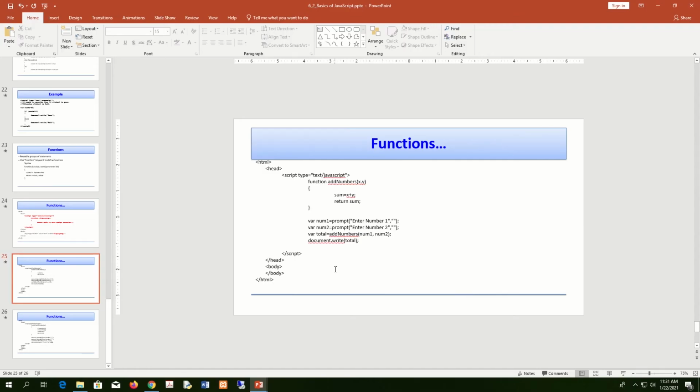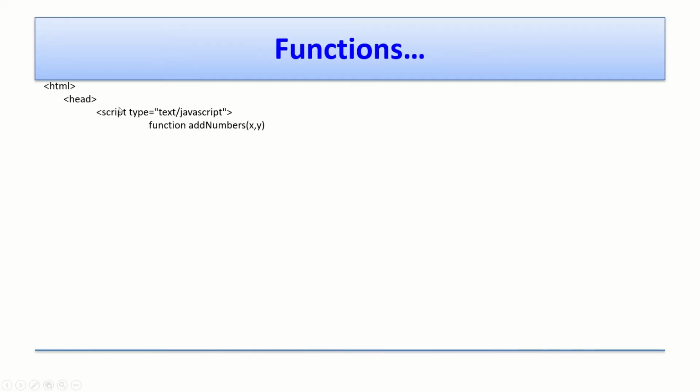Okay. Now I am going to define a function for adding two numbers. In the script section, I define a function called addNumbers. I'm going to add two numbers, so there should be two parameters, two variables to take two inputs, right?